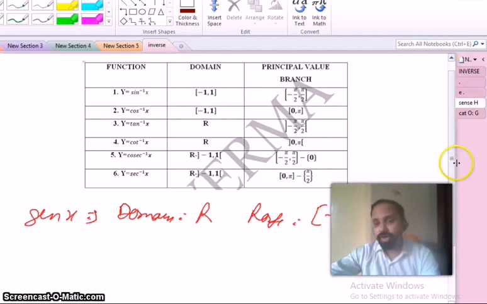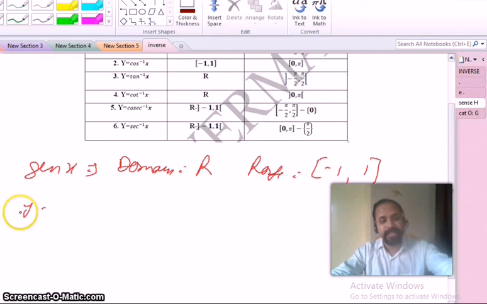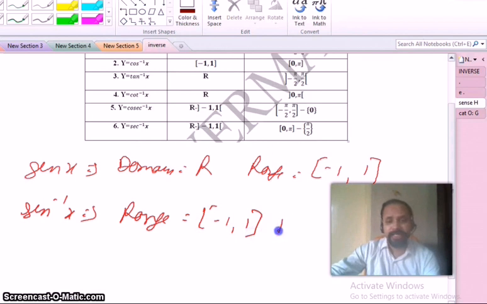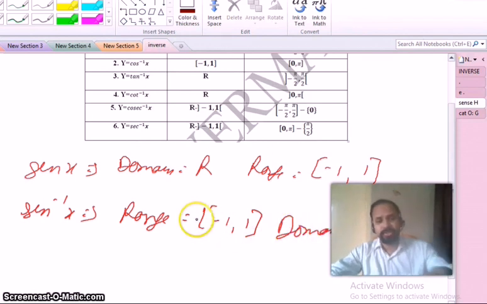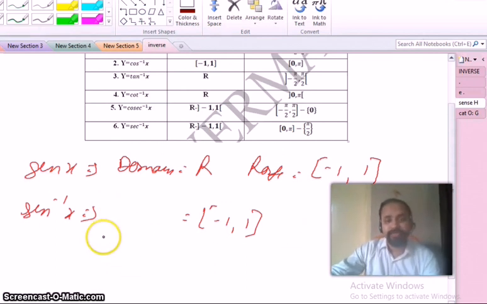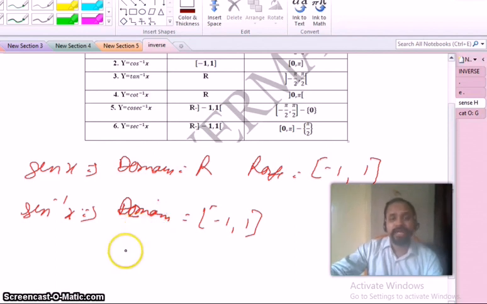So from the definition of the inverse of a function, if y equals sine x and we write sine inverse x, then according to the definition the range of sine is minus 1 to 1, so obviously the domain of sine inverse is minus 1 to 1.